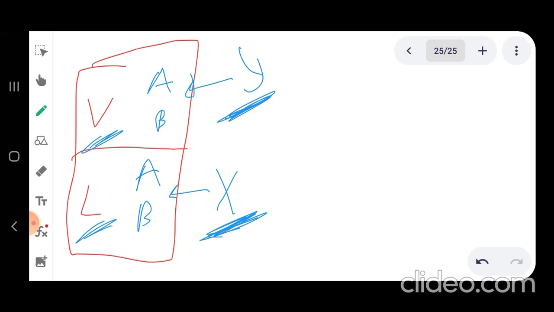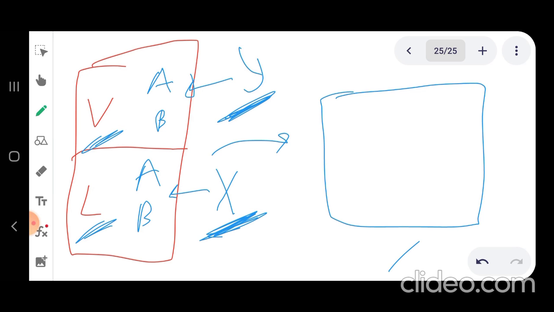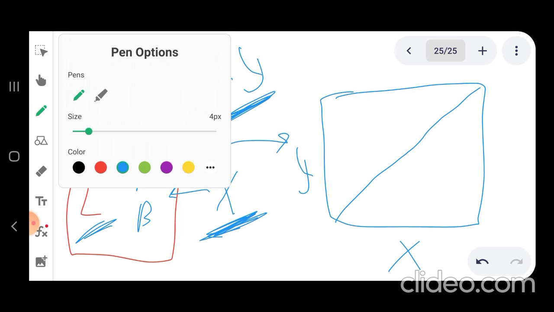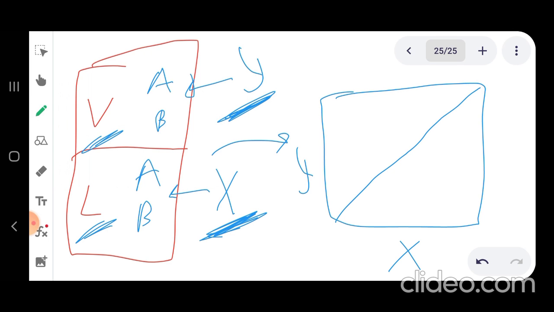Then we can represent it graphically using this graph. If you remember, the x-y graph, where you draw a 45-degree line, and then you draw the equilibrium curve between x and y.